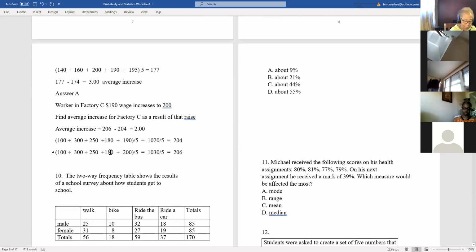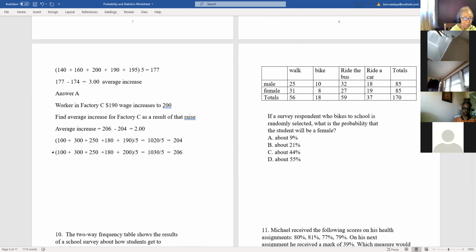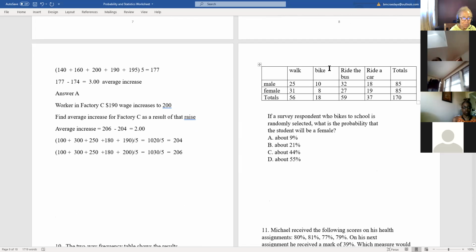Okay, number 10, you have a table. The table has walk to school, bike to school, ride the bus, ride a car, and you have male, female, totals.